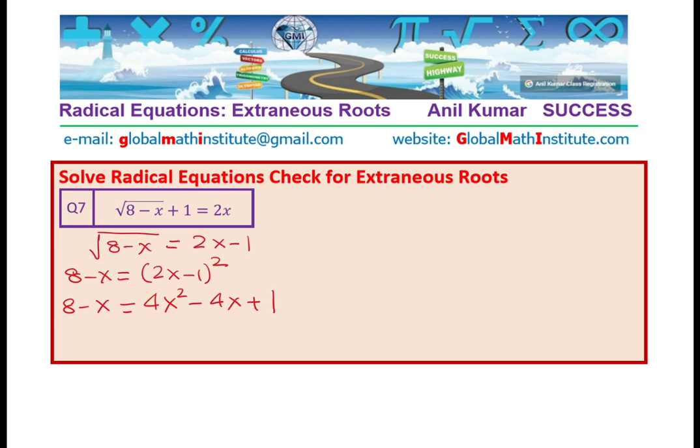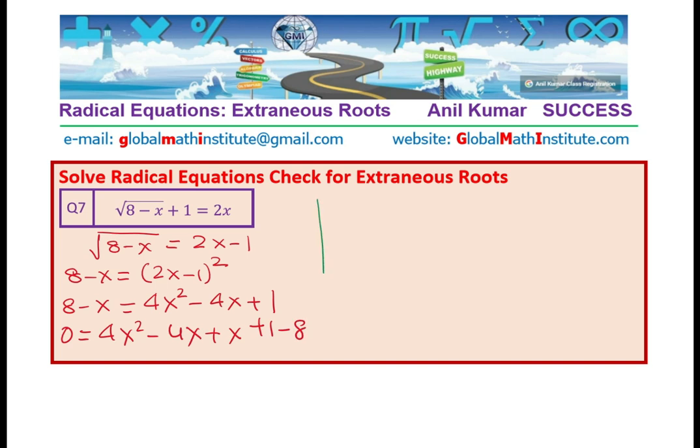Applying a minus b whole square formula. Now bringing all the terms together, we get 4x squared minus 4x. Taking this x, it becomes plus x. And we have plus 1 minus 8.